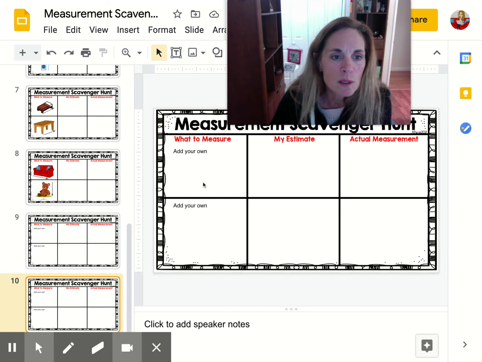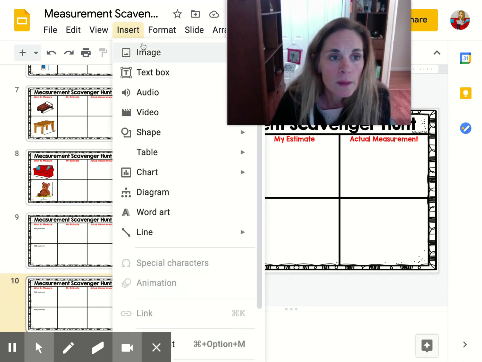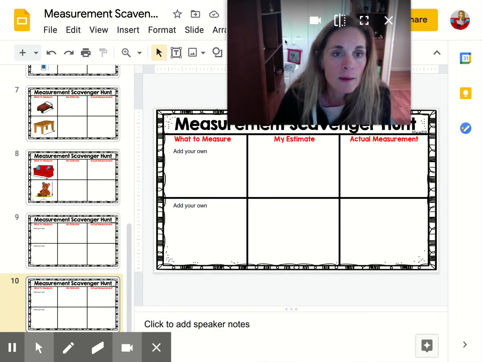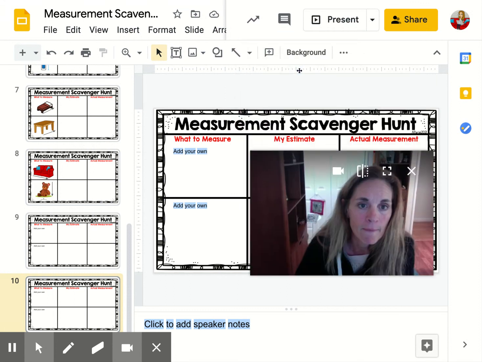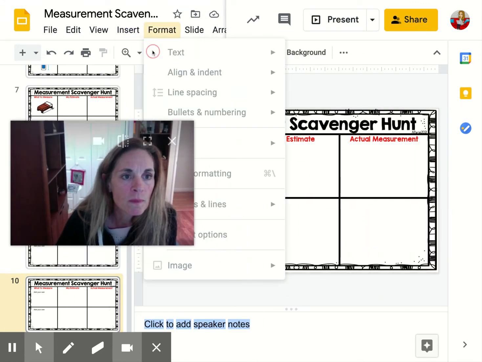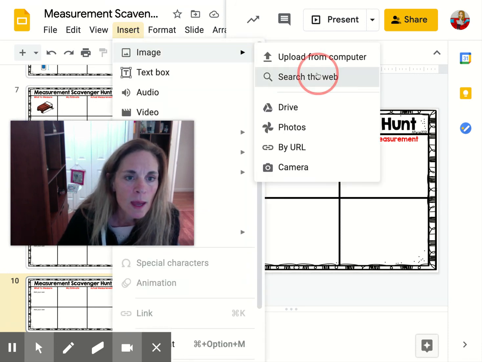What you can do is click into the box. You can click insert, insert image. I have to move myself, hold on. There we go. You're going to insert the image from the web.